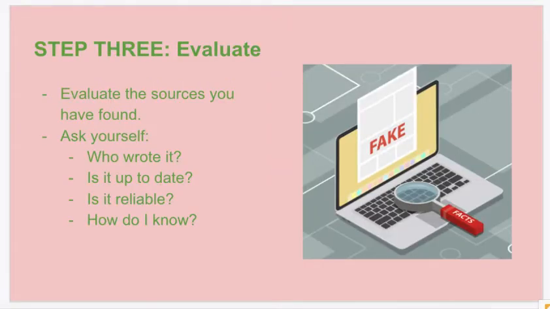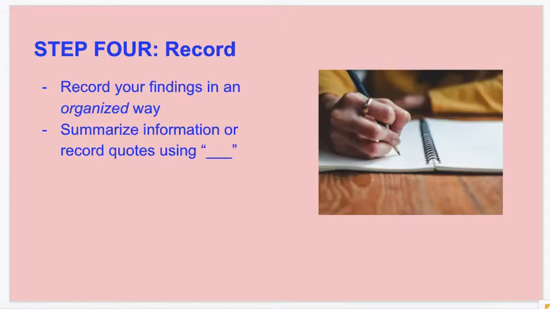Step 3, evaluate your source. Once you find information online, it's really important that we ask ourselves, where did this come from? Is it up to date? Is it reliable? Is it true? How do I know? Make sure we're using reliable sources so that we're getting accurate information. Step 4, record.